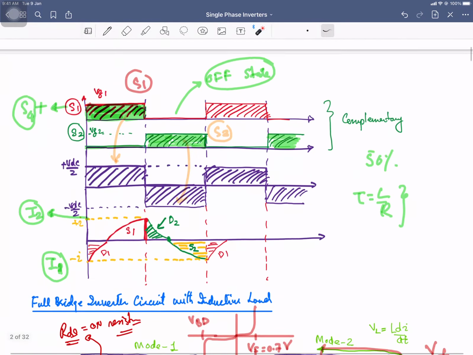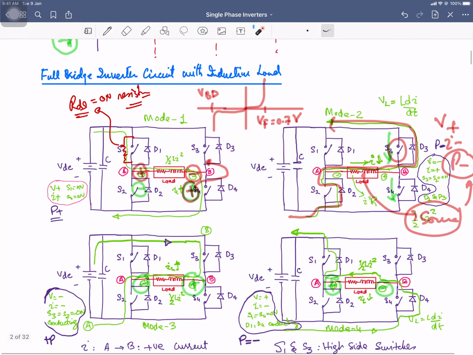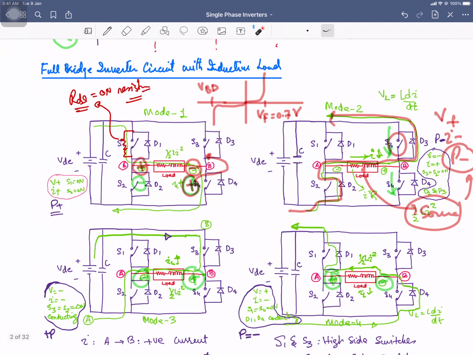But if you look at the full bridge circuit, for any mode of operation, when switches S1 and S4 are on, your source is connected with the load with the full voltage VDC.